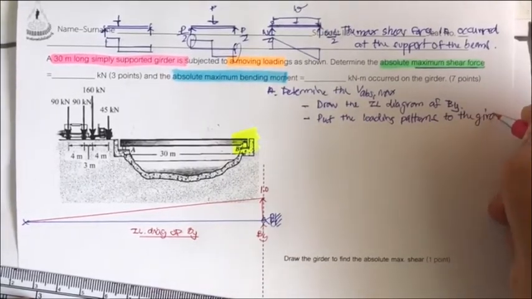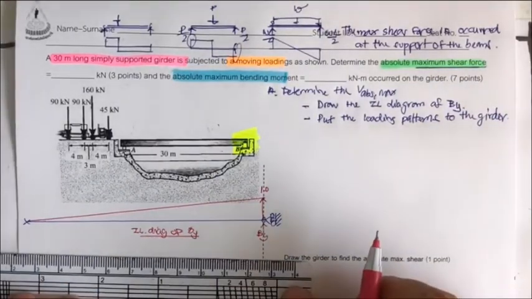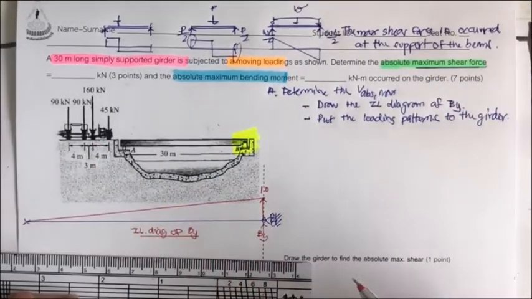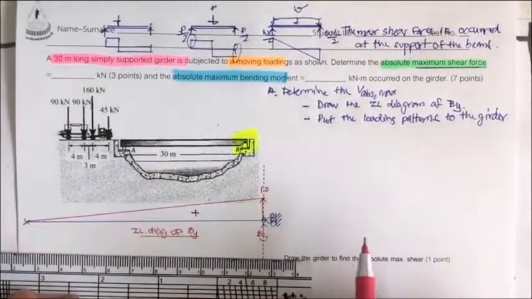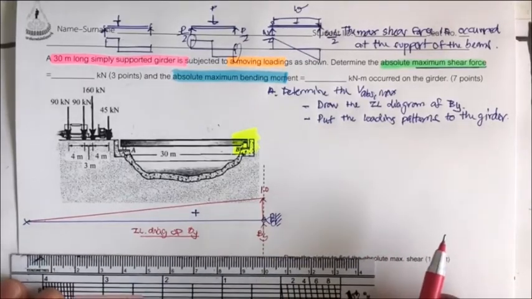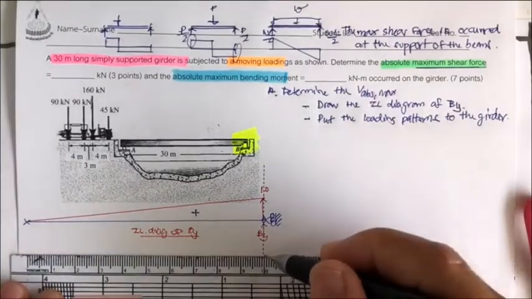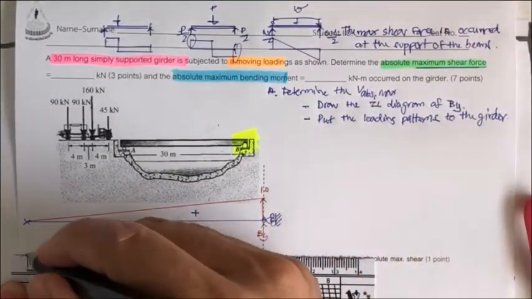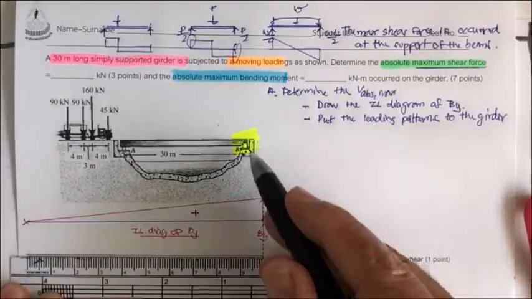Since the influence line of B sub y is all one-signed, the maximum should occur when all the loads are applied to the beam.